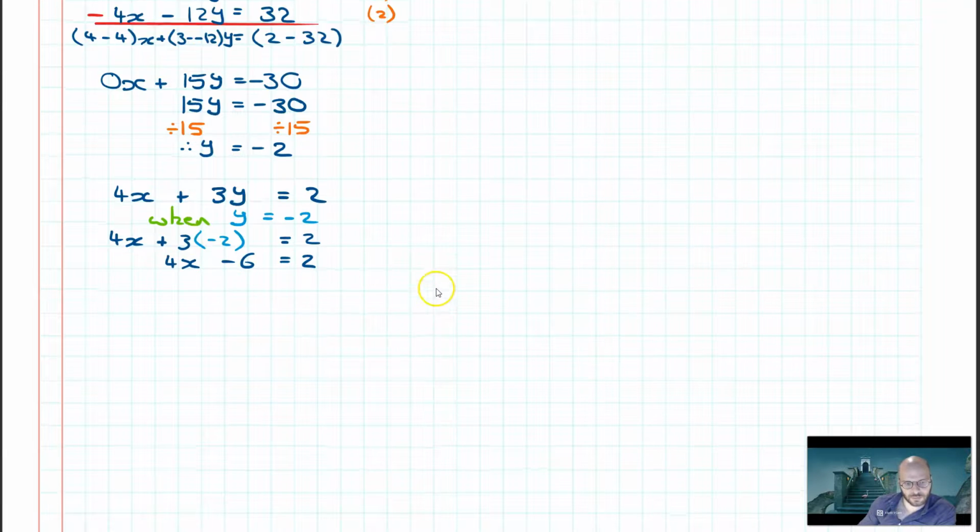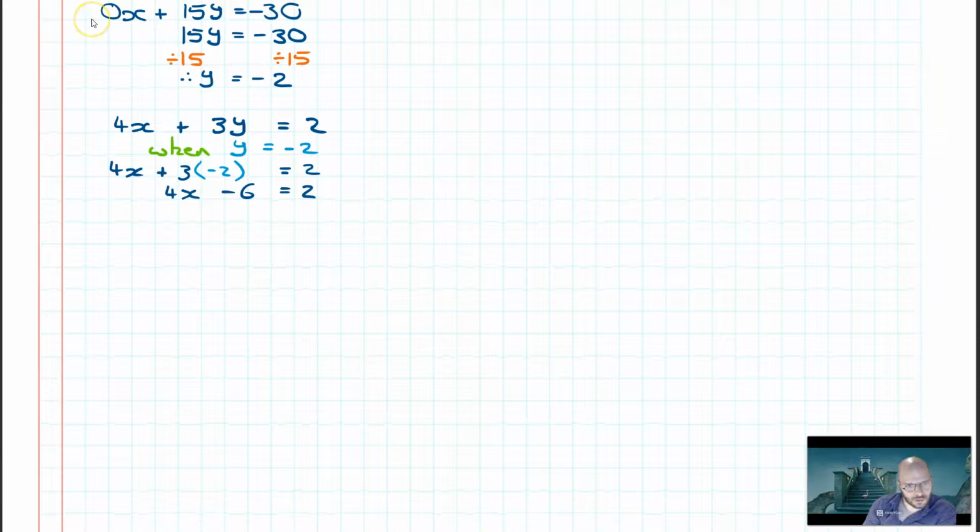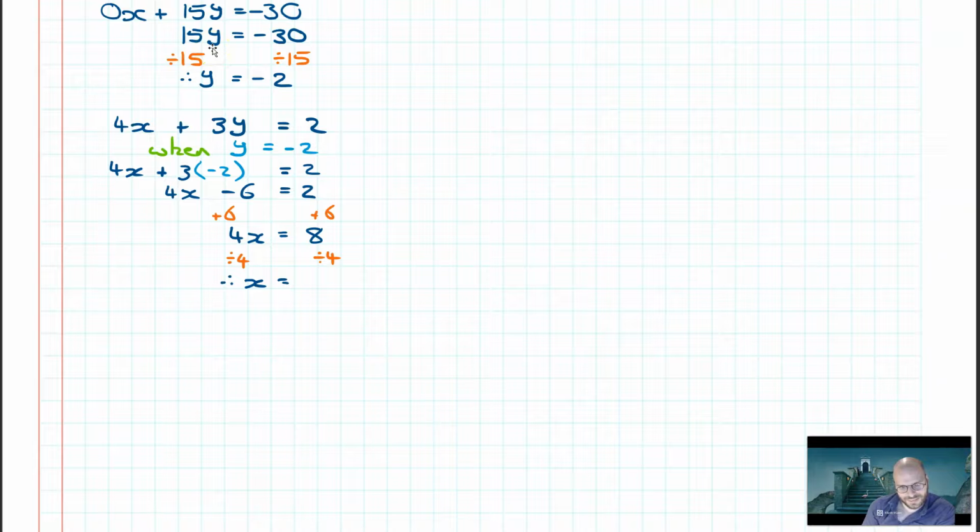This yields 4x minus 6 equals 2. I simply add 6 to both sides, divide both sides by 4, and thus what I discover is that x is equal to 2. So therefore the definitive values for x and y are x equals 2 and y is equal to negative 2.